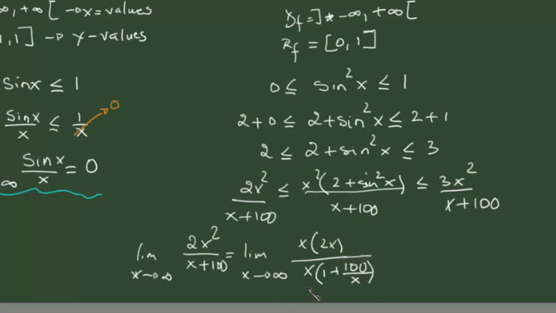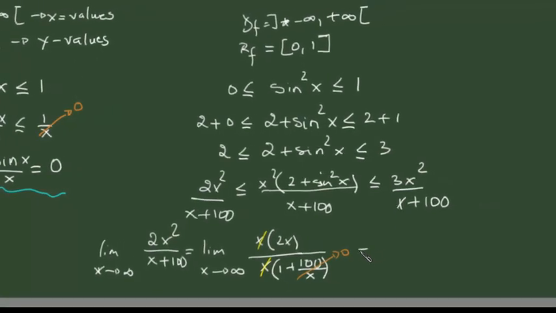Alright, and as we've seen here, of course this is going to tend to 0, and we're going to cancel the x. And you see, we still have the limit when x approaches infinity of 2x.